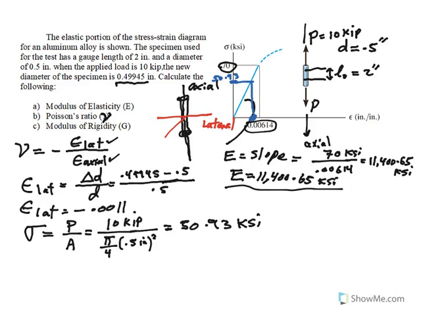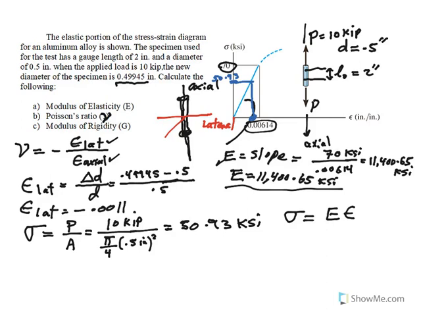So how do we do that? Very easily. How do we find the axial epsilon? We use Hooke's law, sigma equals E epsilon, which comes from this equation. E is sigma divided by epsilon, sorry.